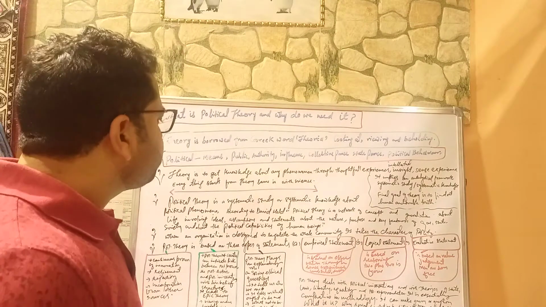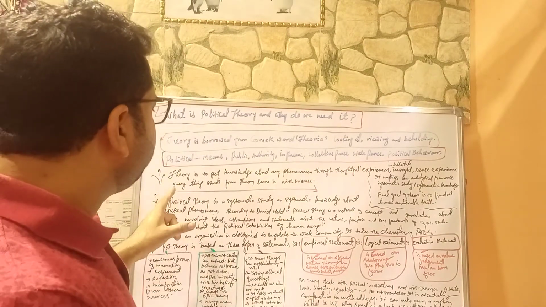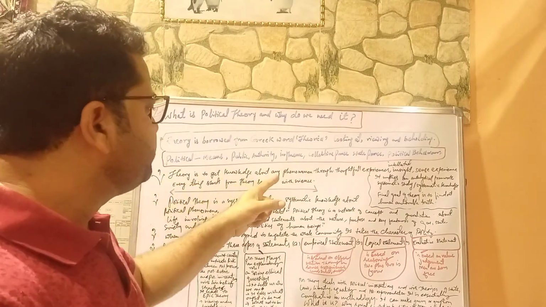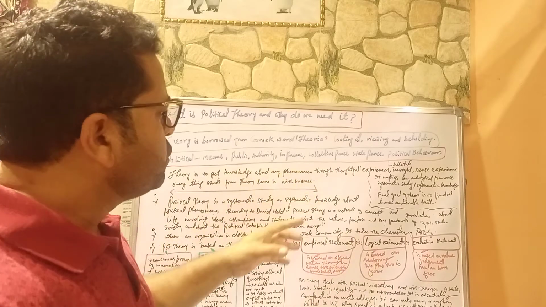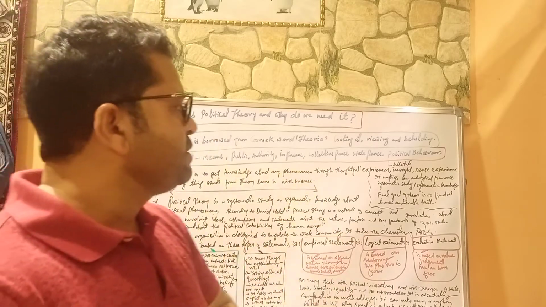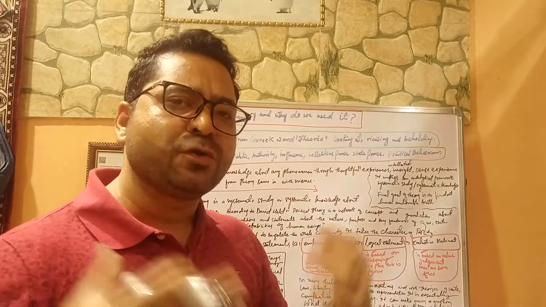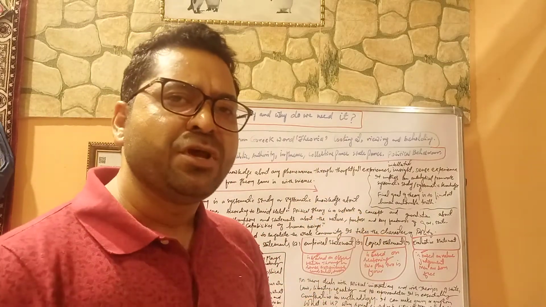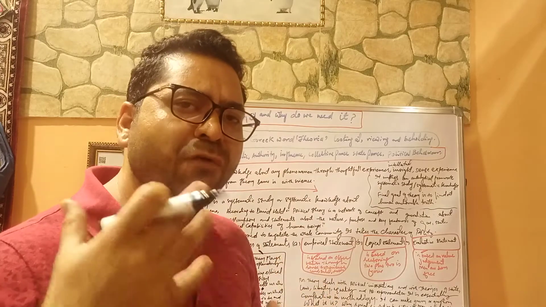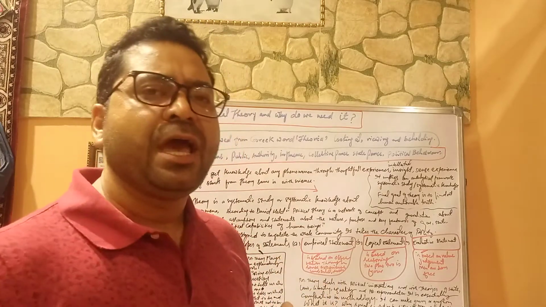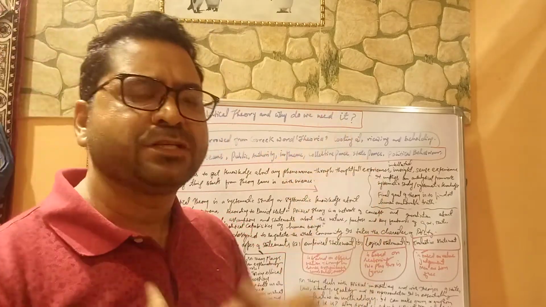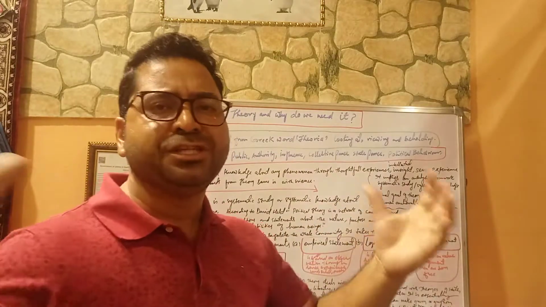Okay, when we say theory is to get knowledge about any phenomena through thoughtful experiences. Since we are human beings, we have thoughtful experiences in our society. We are Homo sapiens. We are always evolving our reason, rationality, and thoughtful experience. For example, I can give you the example of wood and chair.